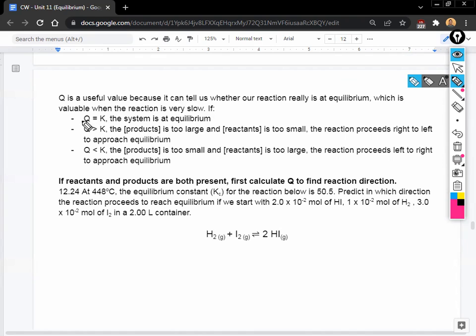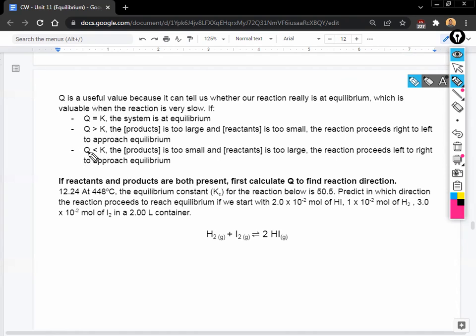If Q is equal to K, the system is at equilibrium. So if you measure the ratios and it's equal to K, we know that it's at equilibrium. If Q is greater than K, that means we have too many products still, and so the reaction is going towards the reactants.